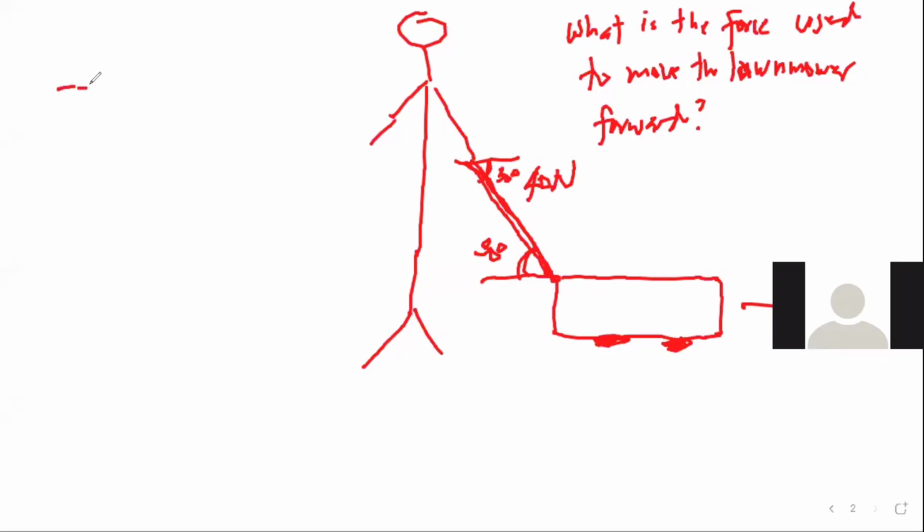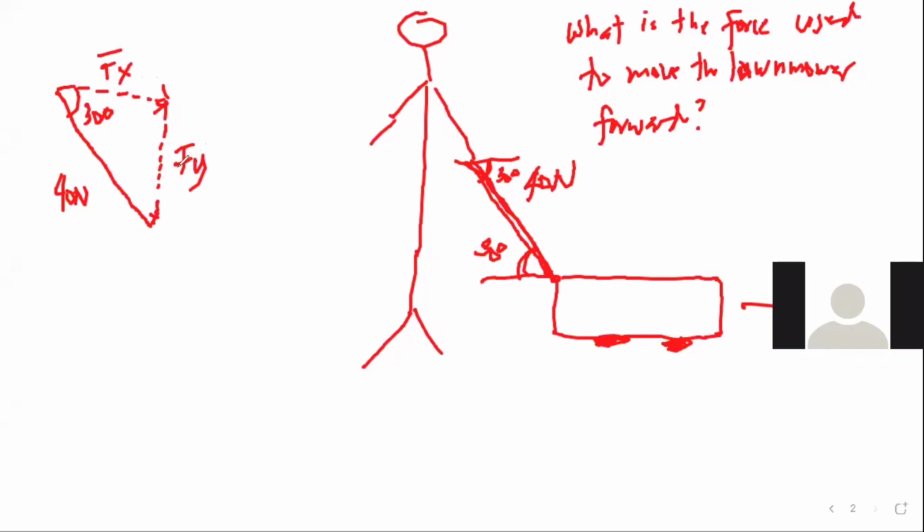It is moving forward, and then this is the vector forward, and we have downward, and this is your force, which is 40 Newton. And this is 30 degrees. This is the force in the x component, and this is the force in the y component.